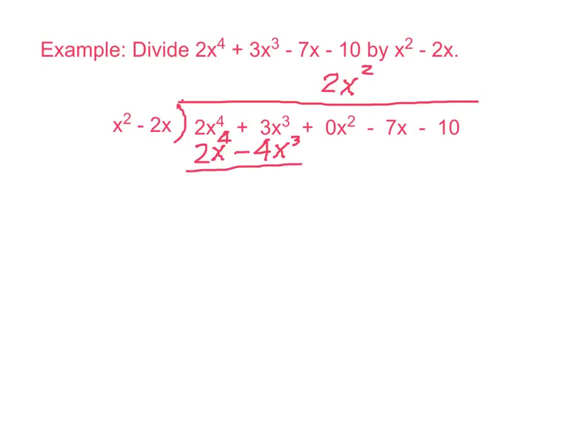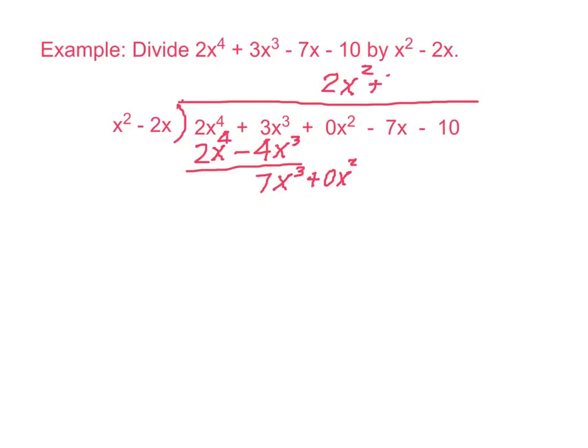When we subtract, notice that the negative 4 changes to positive, so our result is 7x cubed. All right, bring down the next term, which is plus 0x squared. x squared into 7x cubed is 7x, so we put a plus 7x.